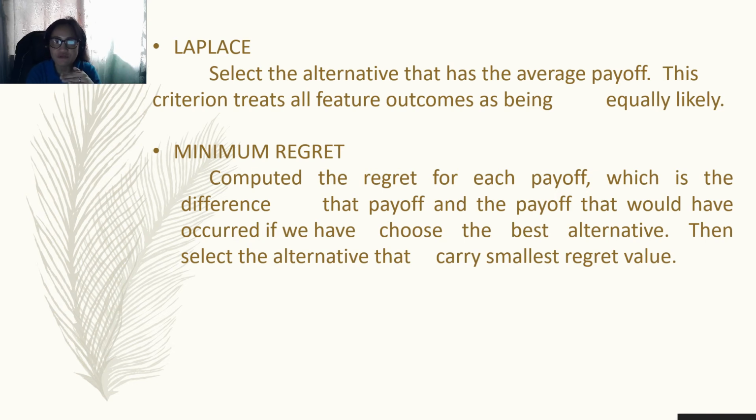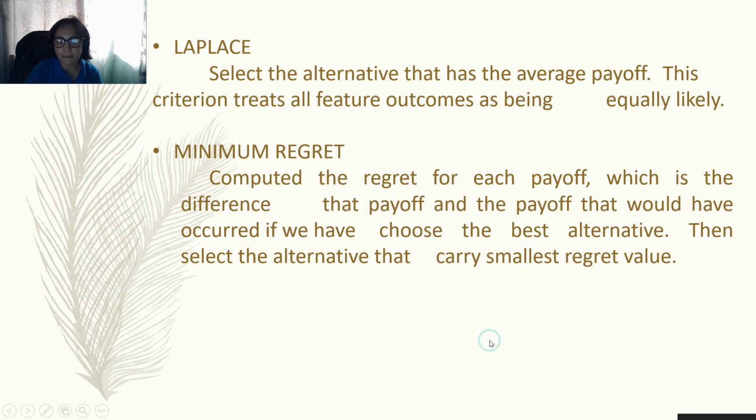The halfway of that will be the Laplace. And then we have the minimum regret. Compute the regret for each payoff, which is the difference between that payoff and the payoff that would have occurred if we had chosen the best alternative, then select the alternative that carries the smallest regret value.